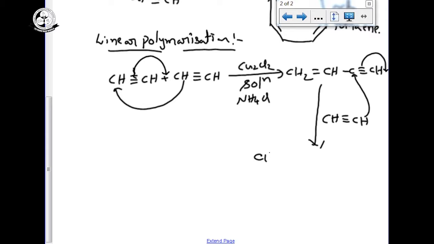Now we can get CH2 double bond CH single bond C triple bond C single bond CH double bond CH. Name is called divinyl acetylene. Divinyl acetylene.